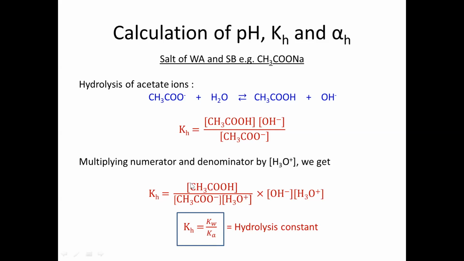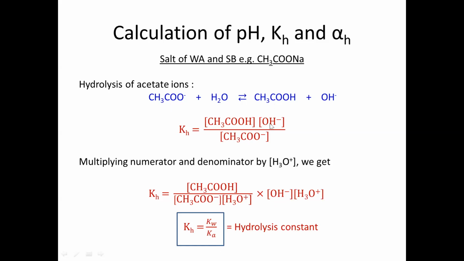And if you see this expression, the numerator is undissociated acetic acid divided by acetate ions into H plus ions. This is nothing but the inverse of Ka. This reaction is the opposite of ionization of acetic acid, so if we just reverse it, this becomes Ka. That means Ka will be equal to acetate ions into H plus ions divided by undissociated acetic acid. So this is nothing but the inverse of Ka. So we can write Kh equals Kw upon Ka.